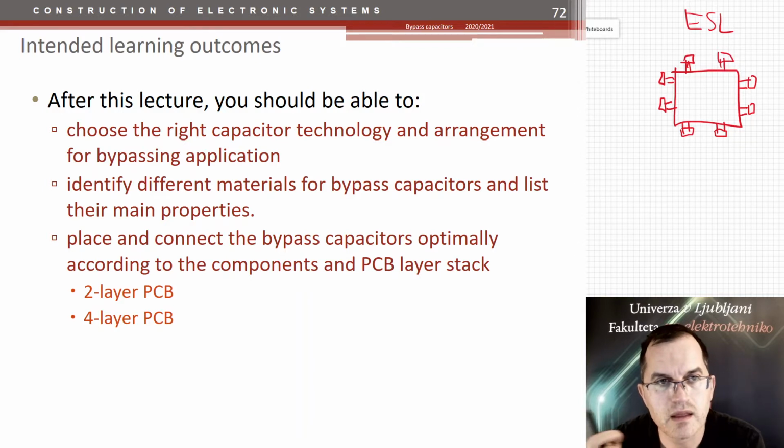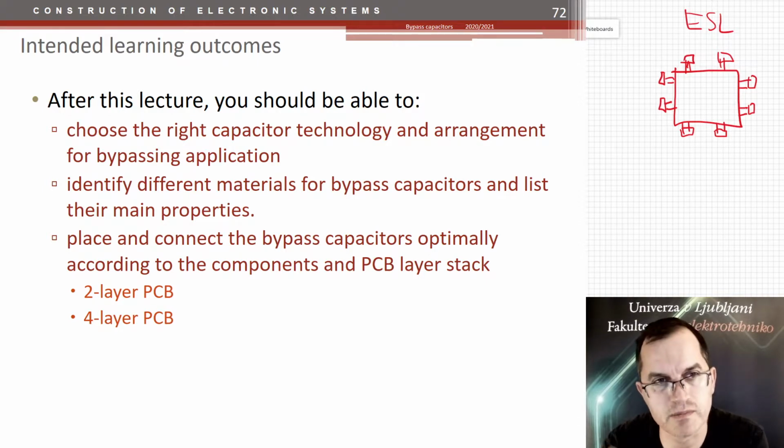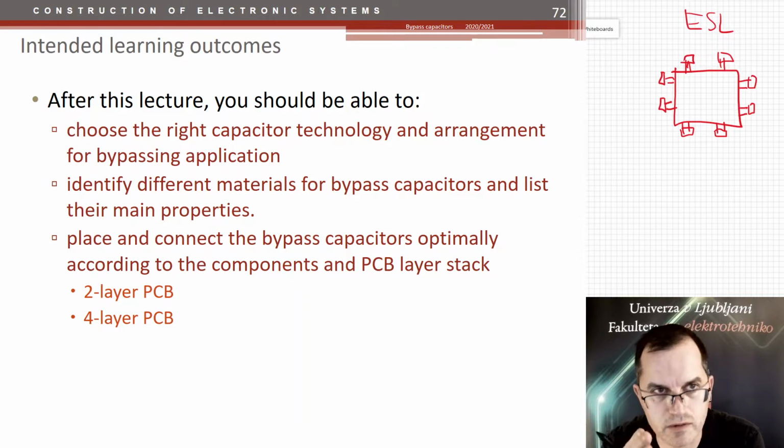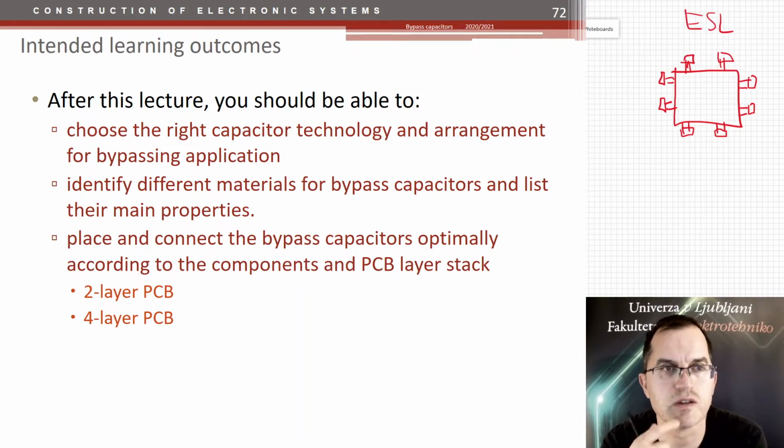They act at high frequency, minimizing high frequency loops because they have the lowest ESL. The ceramic capacitors are therefore placed closest to the noise sources to minimize the high frequency loop sizes.